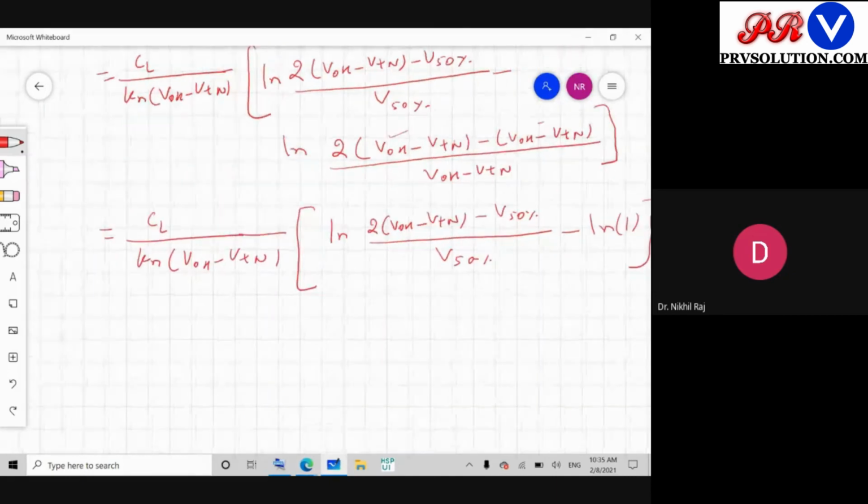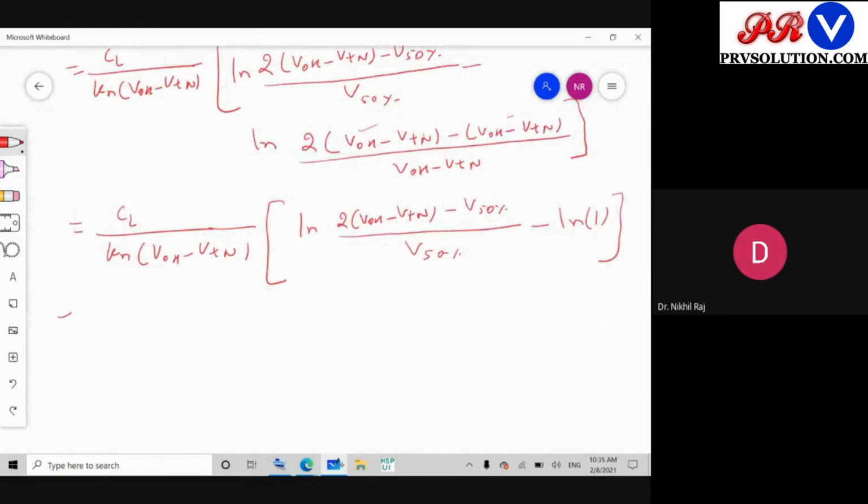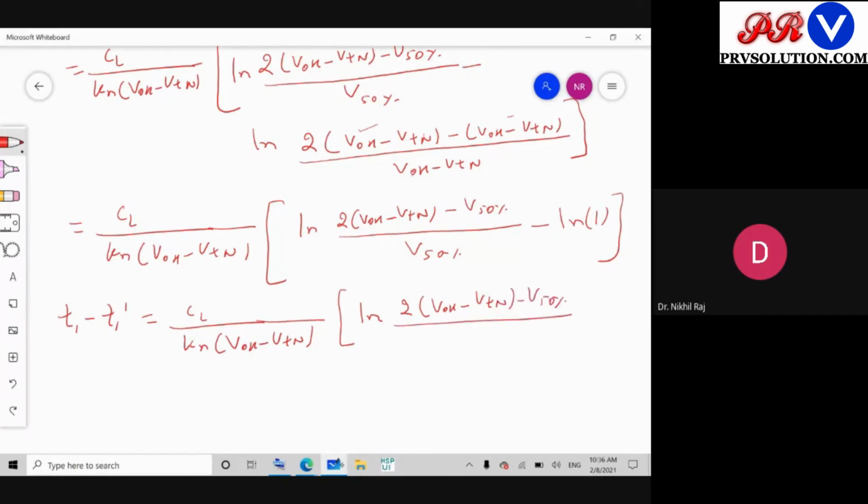So what will be my final expression? The final expression will be T1 minus T1 dash is equal to CL by Kn into (VOH minus VTN), and here it will be ln of (2 into (VOH minus VTN) minus V50%) divided by V50%. So this is equation 3.